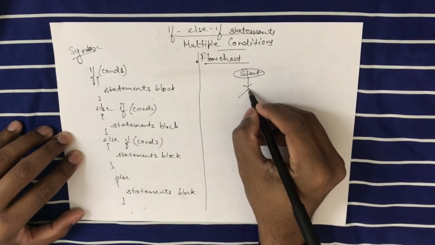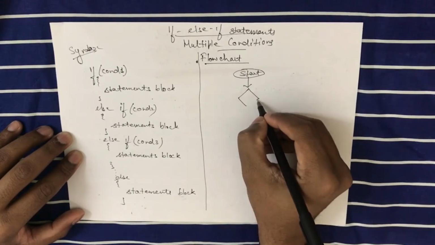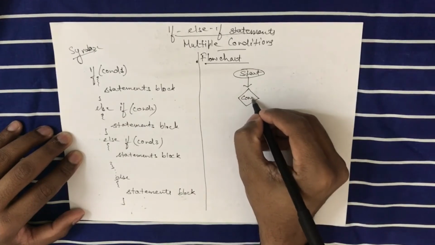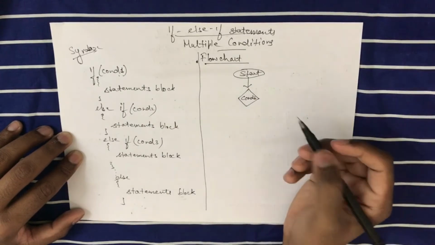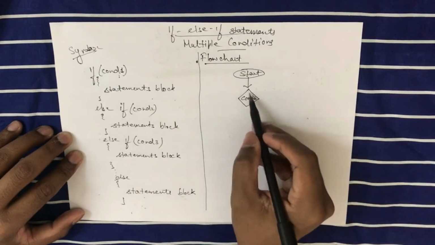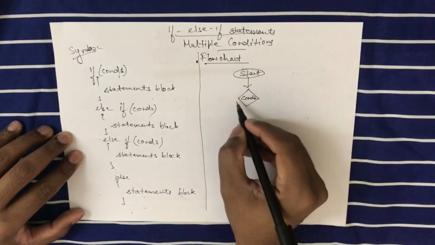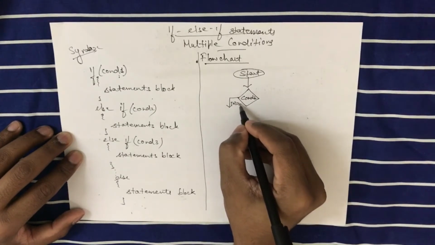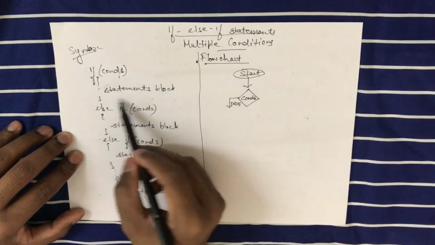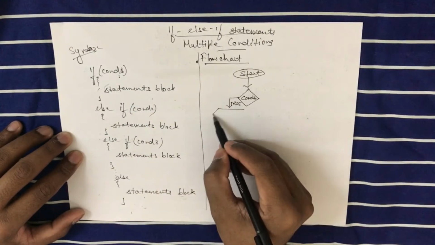Condition is represented by a rhombus symbol. Say this is condition number 1, and when this condition gets satisfied, when this condition gets true, this statement block is executed.